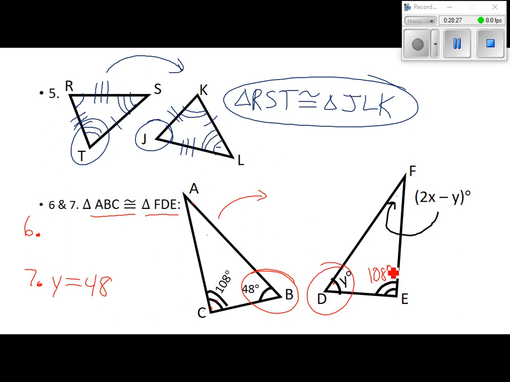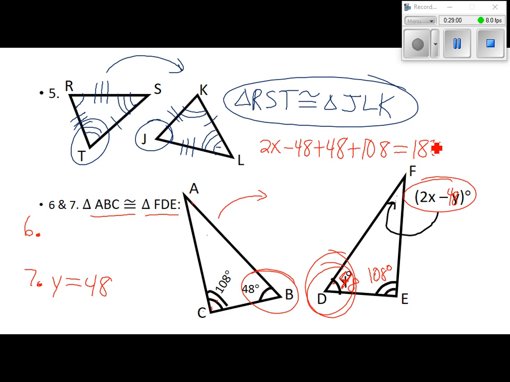And I also know now that Y is 48, so I'm going to stick 48 right in there and get rid of that Y. And I know that this angle is 48 here. Then I know that the three angles of a triangle have to add up to 180. So I can say 2x minus 48, that's this angle, plus 48, that's this angle, plus 108 equals 180.